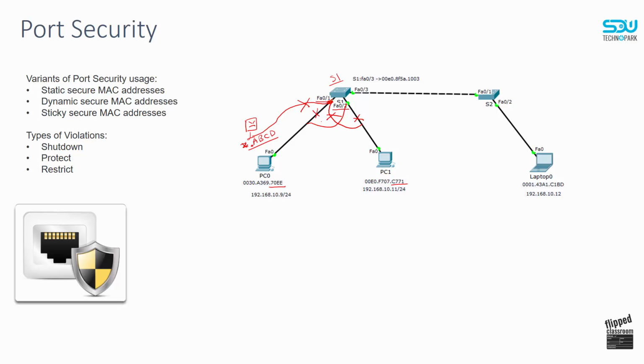The switch port can shut down and go to error-disabled mode, or it can protect. With the shutdown mode, even if ABCD makes a connection and afterward unplugs the cable, and our PC1 tries to access this port one more time.